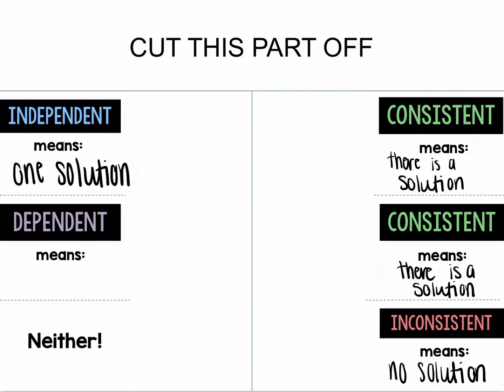That is their solution. So if it has a solution and it has one solution, we would label the system consistent independent. If it's consistent dependent, that means that there are infinitely many solutions.